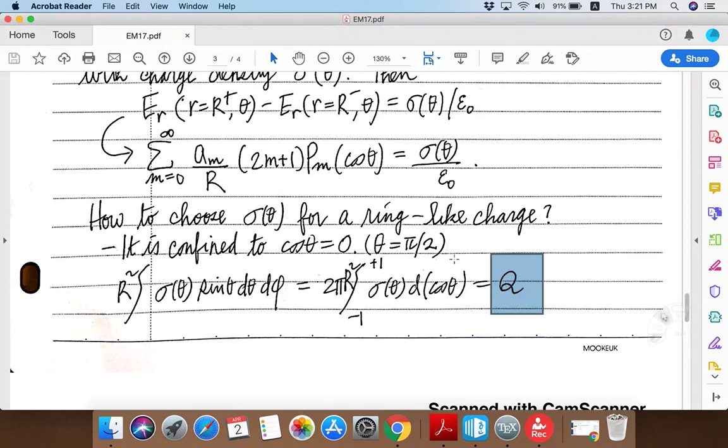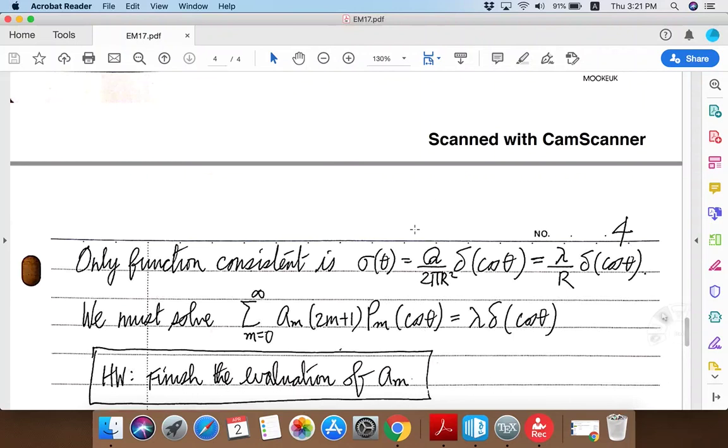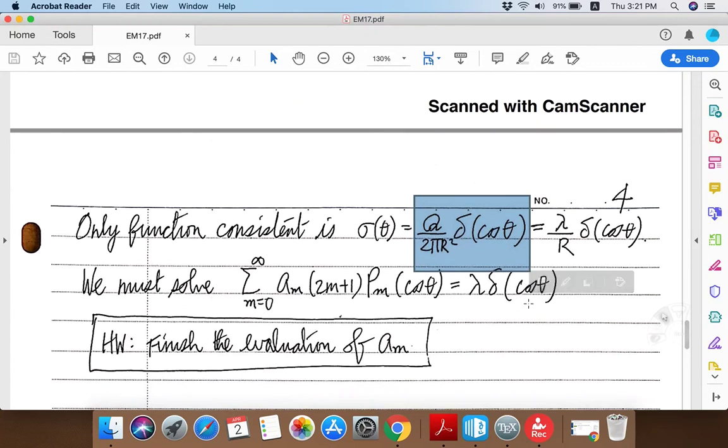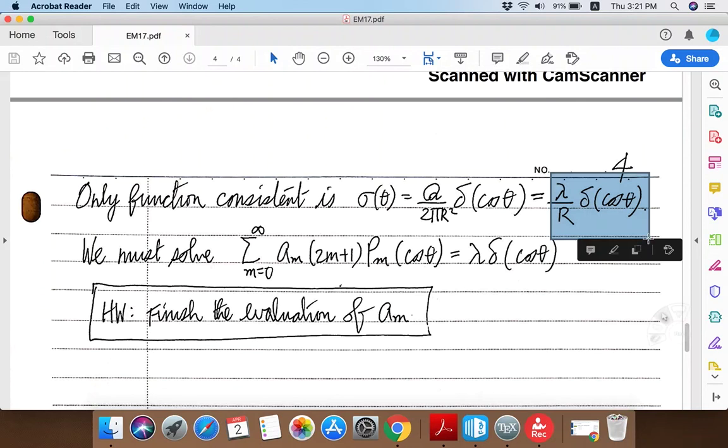Okay, so the only way to choose the charge density function in such a way that both of these requirements are satisfied is if you choose it as a delta function. So this turns out to be the right way to write down this charge density function.